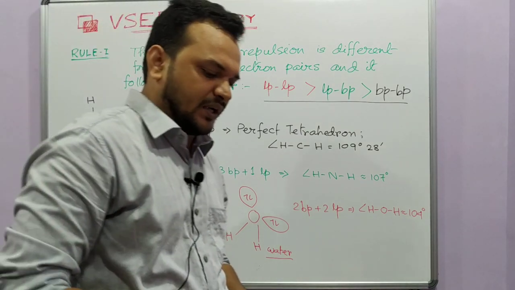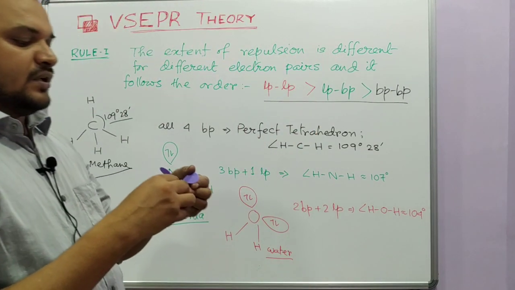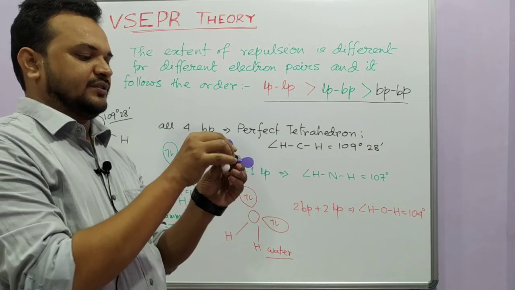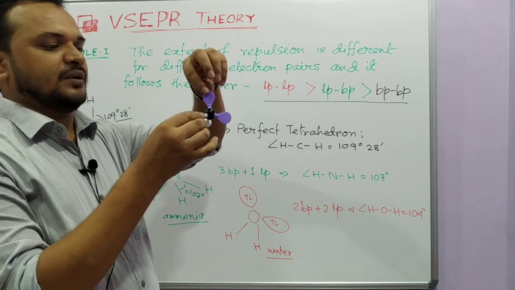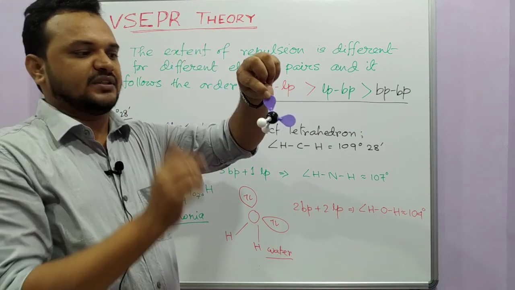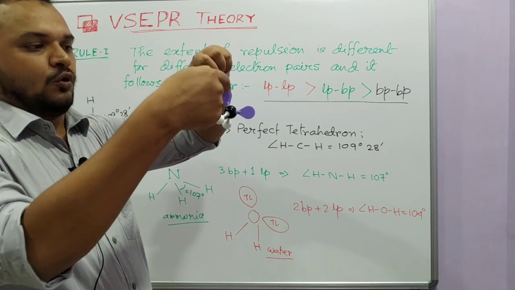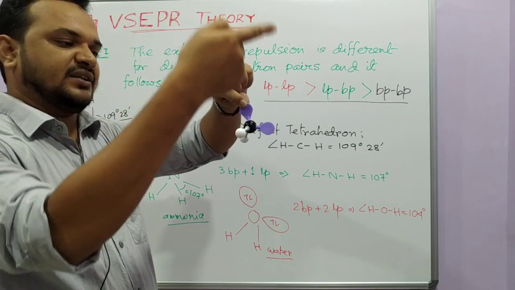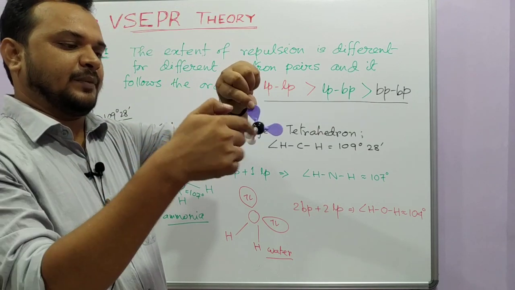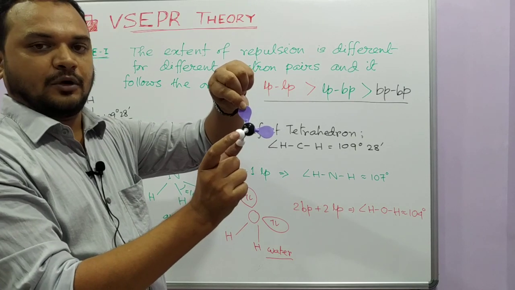Now when we take the water molecule, we know there are two lone pairs and two bond pairs. Lone pair-lone pair repulsion is further greater than lone pair-bond pair repulsion, which is greater than bond pair repulsion.